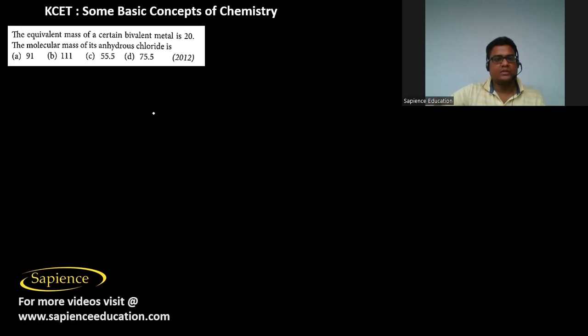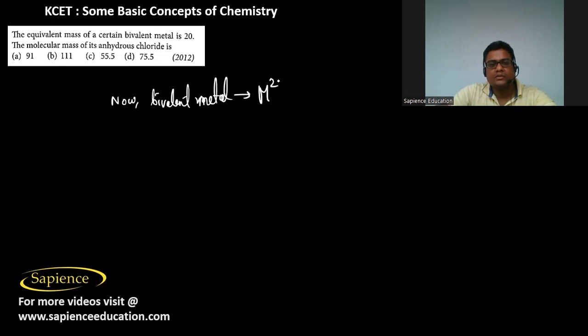Then here it is told the equivalent mass of a certain bivalent metal is 20. The molecular mass of its anhydrous chloride is asked. Now it is a bivalent metal, so its ion is in the form of M2+ ion.